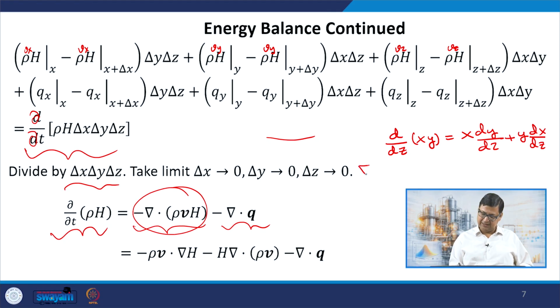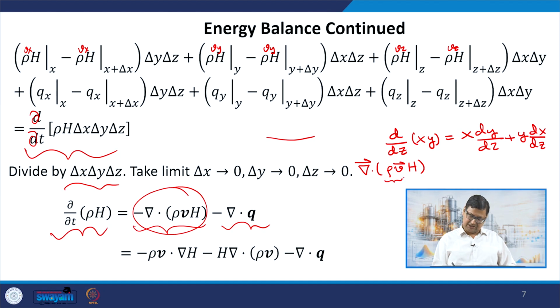So del dot rho v is a vector and h is again a scalar. So only v is a vector here. So let us say I want to separate this part and this part. Then I can apply something similar to the above. So I will write the first term as rho v, and I could do del dot h, but h is a scalar.